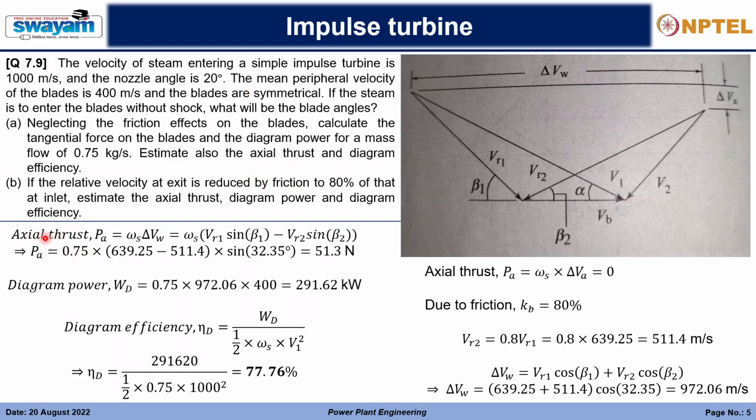So that is the axial thrust. So the vw is now not 0. There is some component. Due to that component, the axial thrust is being produced, and that is pa equals 51.3 newton. This will actually be giving a jerk or vibration to the turbine in the axial direction.